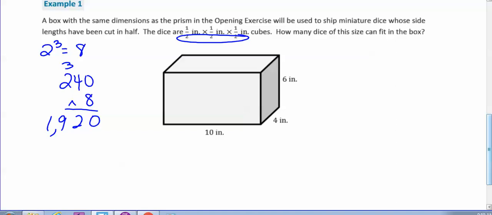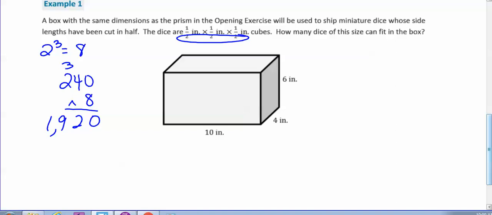So if it's a 10 inch long box, everyone can see that this dimension is 10 inches, right, it would take 10 of those little boxes lengthwise to fill that, and it would take 4 of them widthwise and 6 of them high to fill that box.